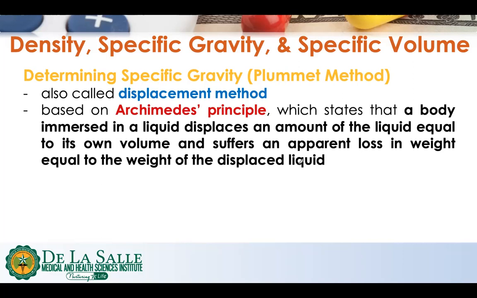This method is based on Archimedes' principle, which states that a body immersed in a liquid displaces an amount of the liquid equal to its own volume and suffers an apparent loss in weight equal to the weight of the displaced liquid. So, what does it mean by that?